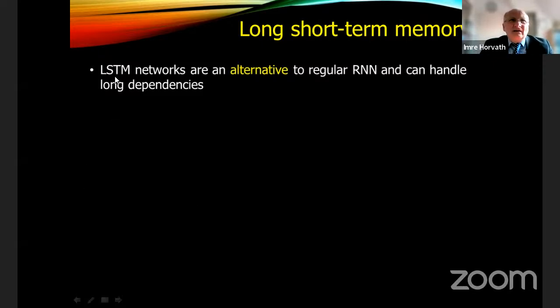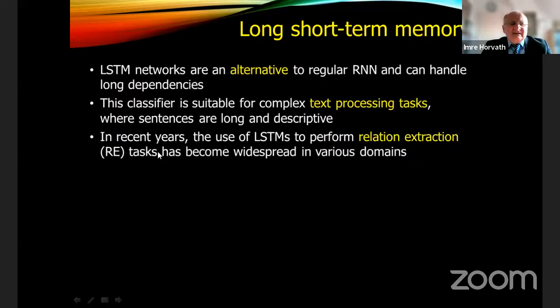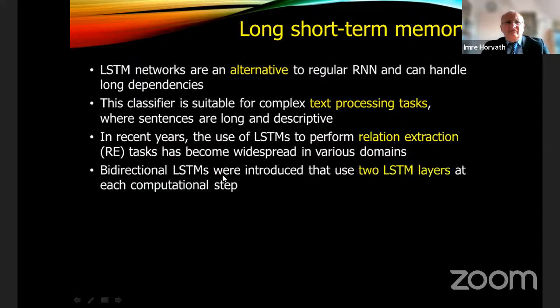A long short-term memory network is an alternative to the regular RNN and can handle long dependencies. This classifier is suitable for complex text processing tasks where sentences are long and descriptive. In recent years, the use of long short-term memories to perform relation extraction tasks has become widespread in many domains.